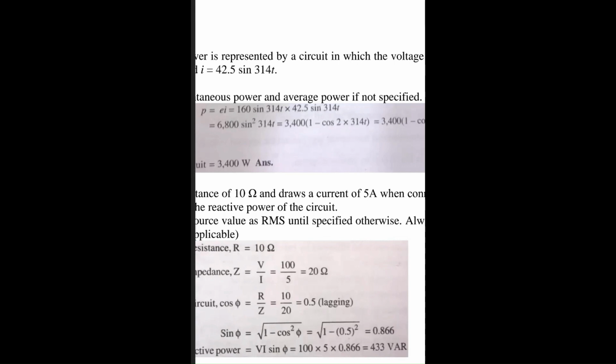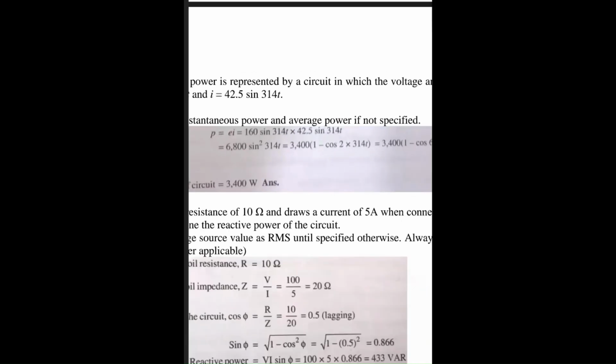Again we can either apply the formula for the average power, or we can simply observe that it has two components. One component is a trigonometric quantity and the other is a constant quantity, and the average value of a sinusoidal quantity over the whole cycle, and here we are talking of the whole cycle, becomes 0. So we are left with this 3400 only.